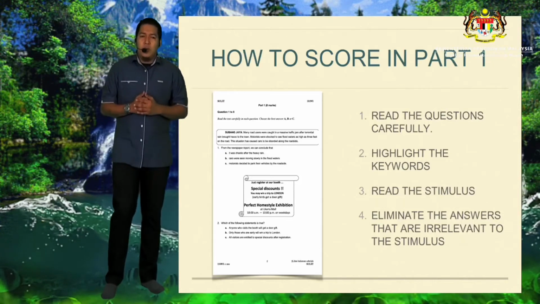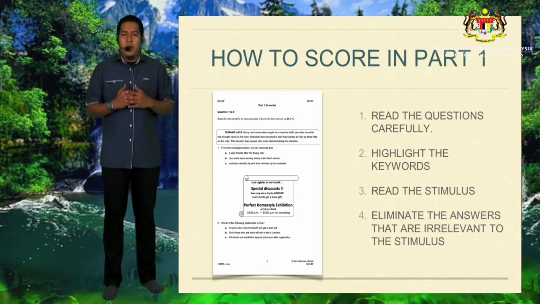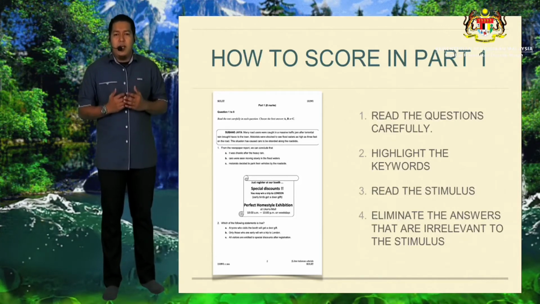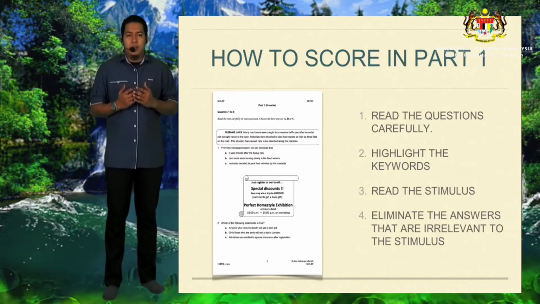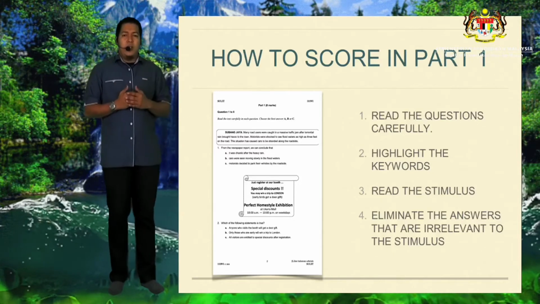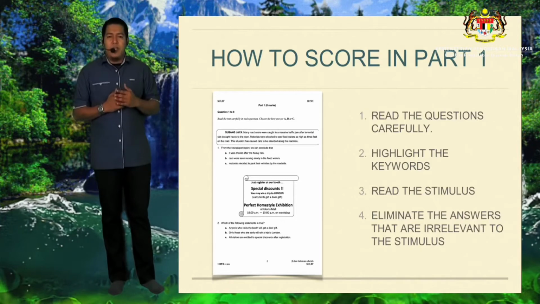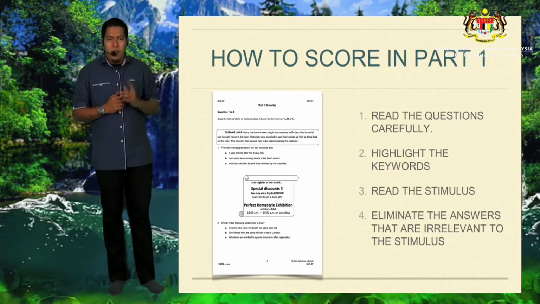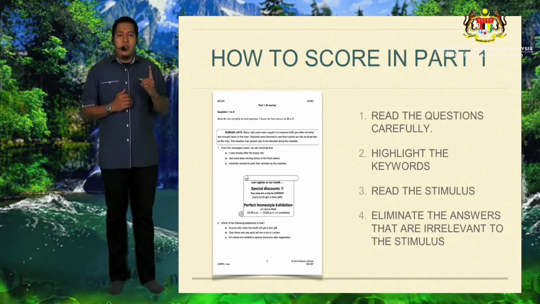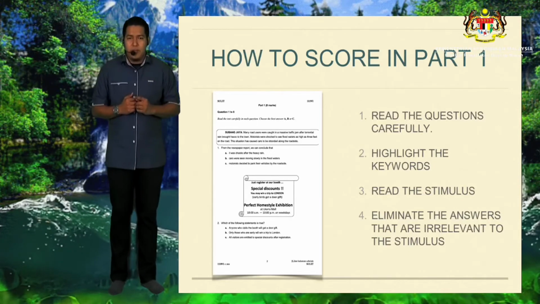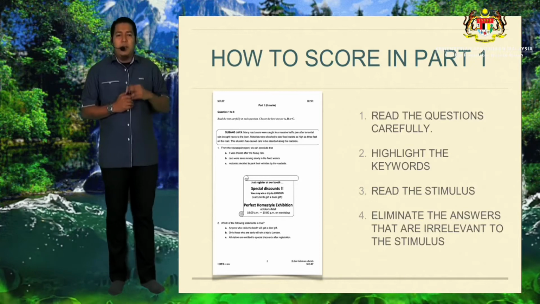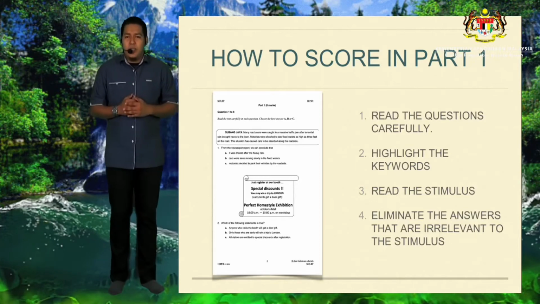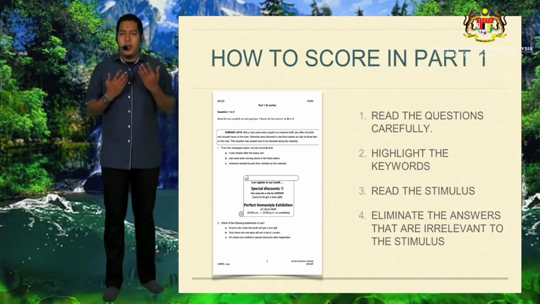So how do you get the full marks in part 1? I want to give you some tips on how to score in part 1. First, read the questions carefully. Number 2, highlight the keywords in the questions. Why?